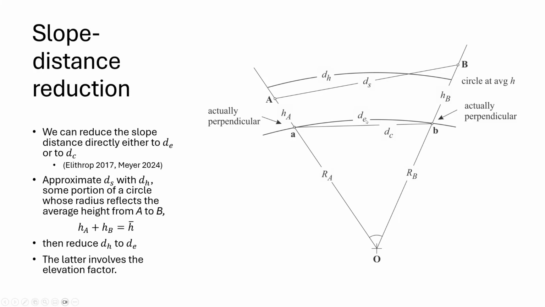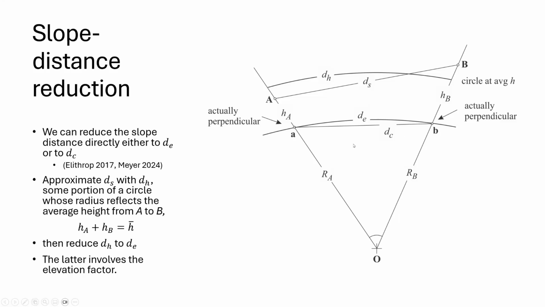Well, it is a curve of alignment, but that curve of alignment will be a circle on a sphere. So there's formulas that would let us take d sub s directly to d sub e. There's also formulas that let us go from d sub s directly to the chord between A and B.